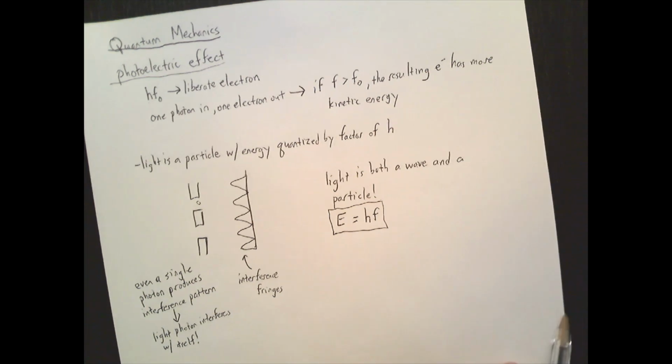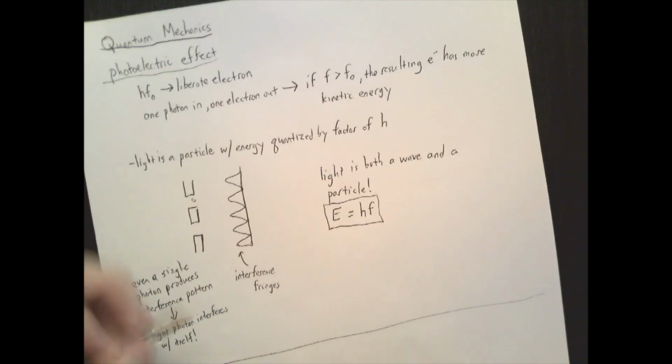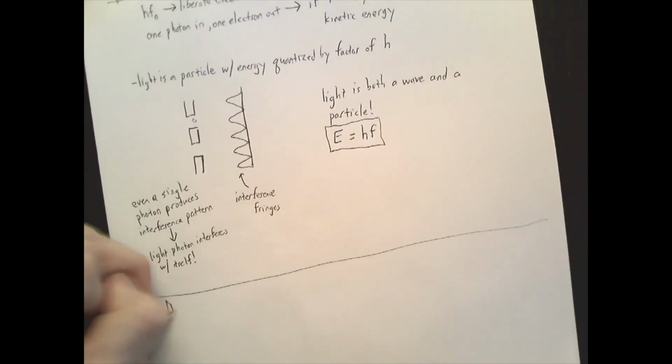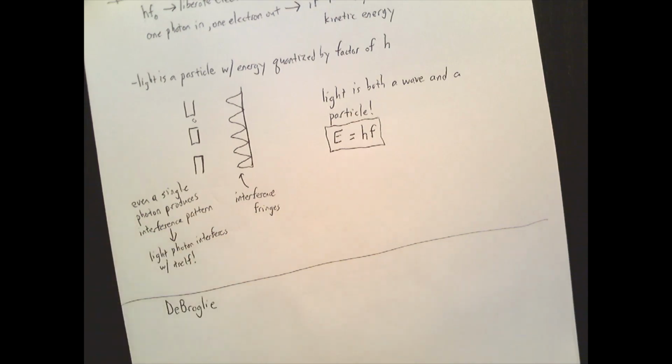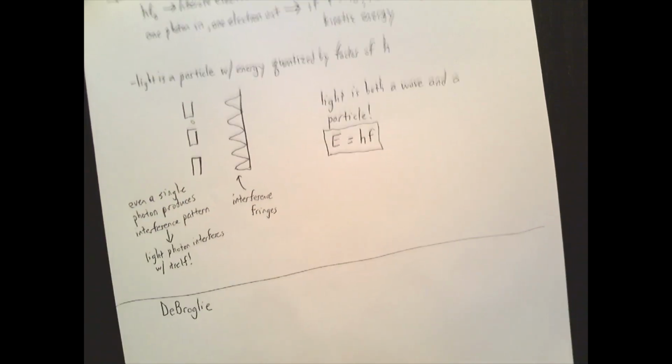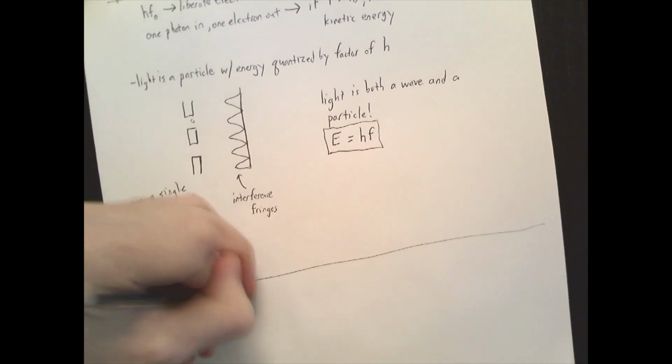Later in the 1910s, 1920s, a dude named de Broglie came along. So enter de Broglie. I'm not sure how to pronounce French. He came along and he said, why does light get to have all the fun? Shouldn't matter be symmetric?